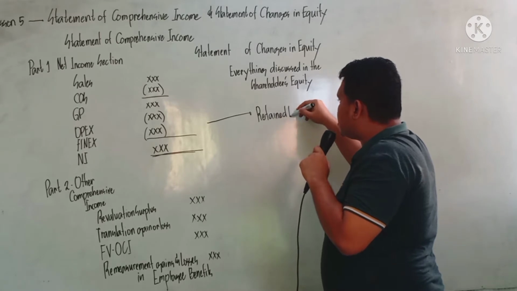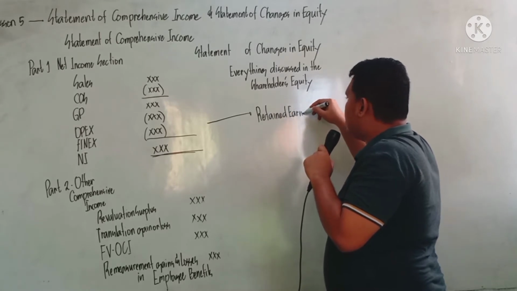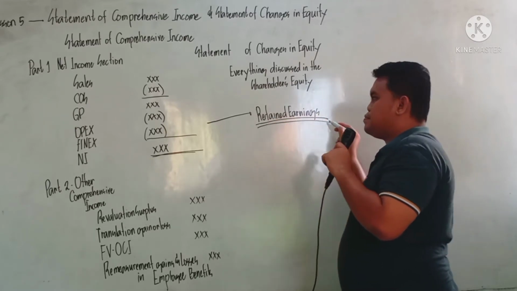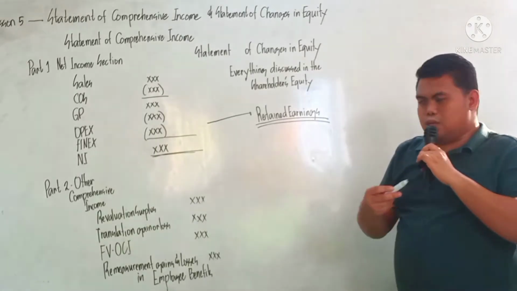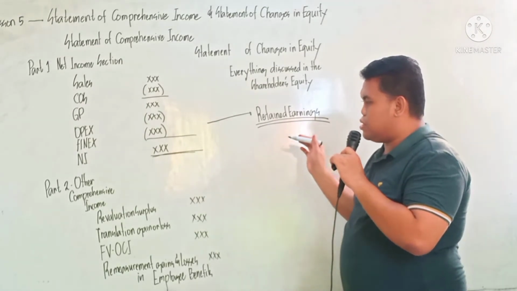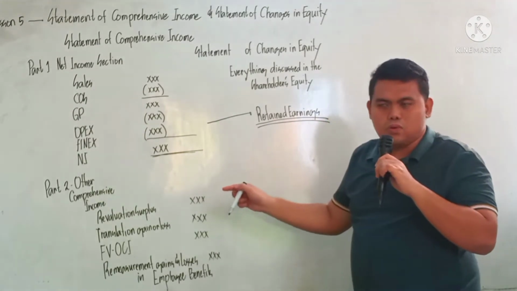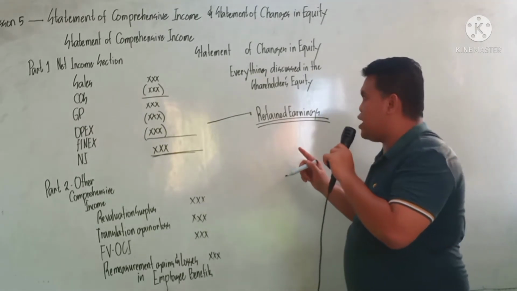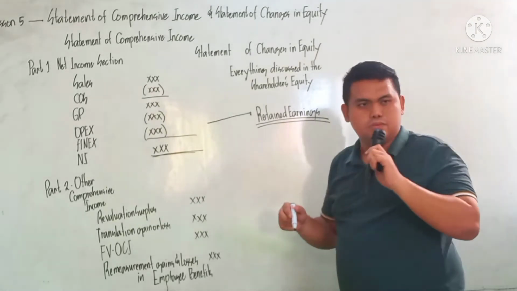And this retained earnings account is part of the equity. However, this other comprehensive income will not go to the retained earnings, although they are going to go to another accounts or account titles under equity also.